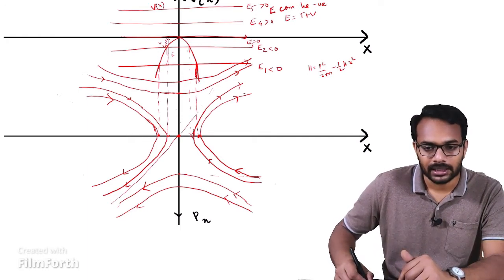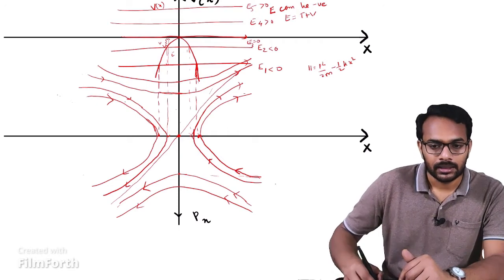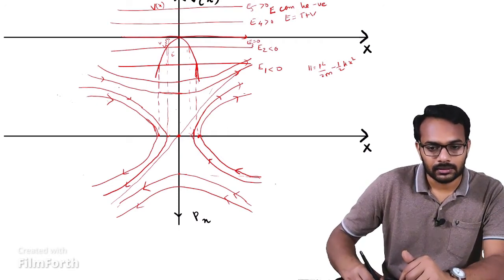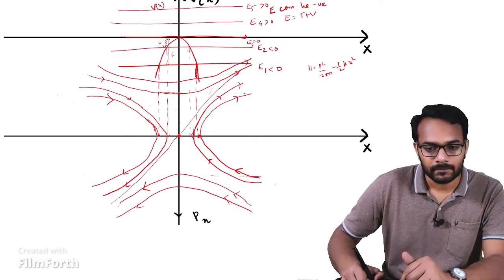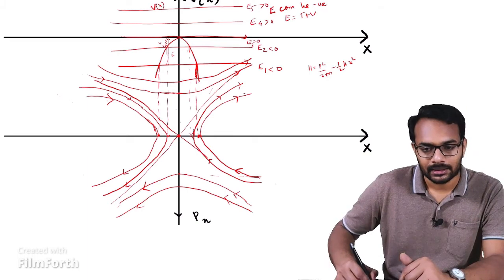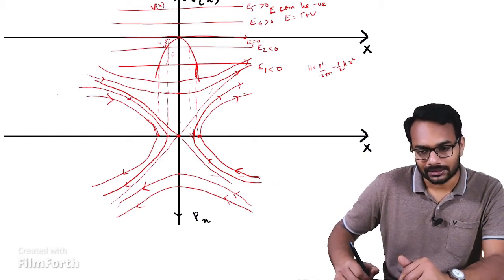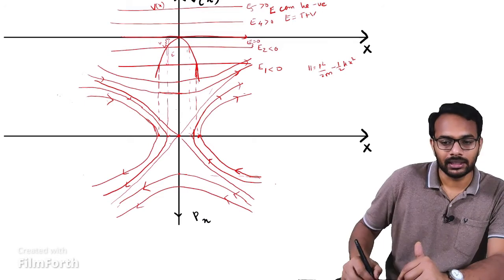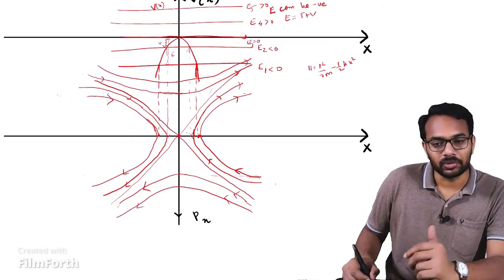Sorry, these are supposed to be exactly symmetrical. These straight lines never really reach x equal to 0, because different trajectories cannot intersect. So we see that these are the lines corresponding to E equal to 0.